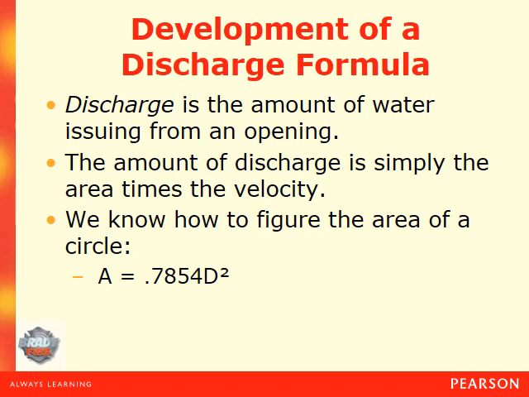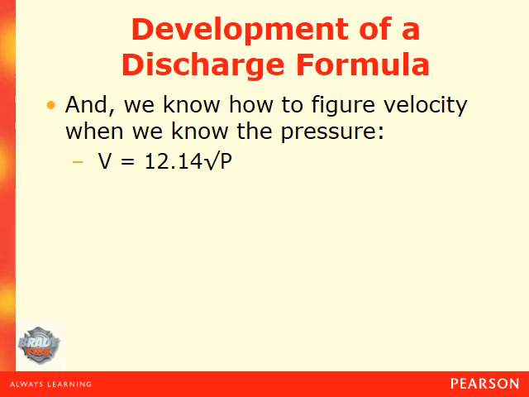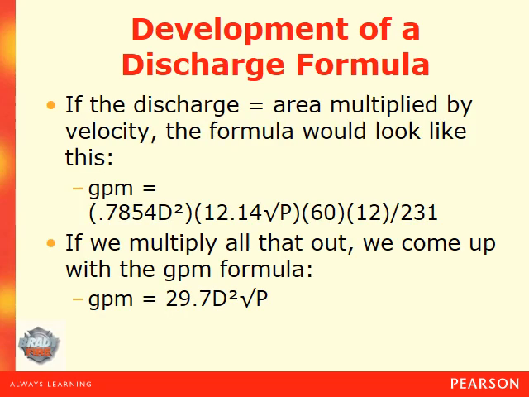So we know how to figure the area of a circle, 0.7854 times the diameter squared. And we know how to figure velocity. When we know the pressure, velocity is 12.14 times the square root of pressure. So when we put these together, this is what we get. Gallons per minute equal 0.7854 times the diameter squared times velocity.